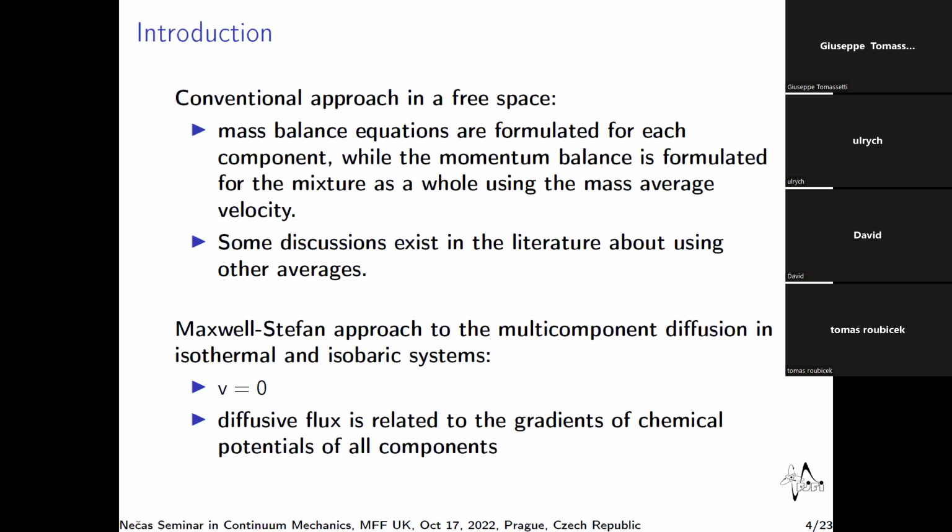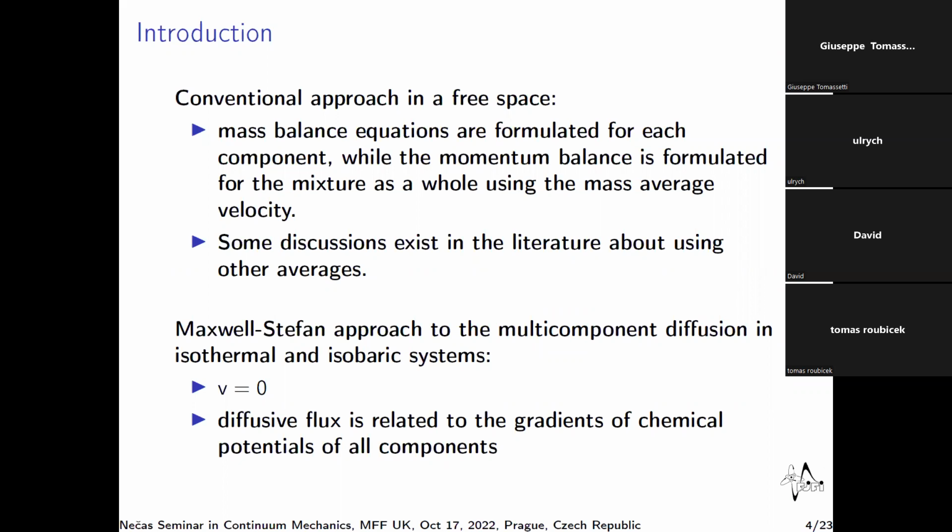And there are some discussions in the literature whether this mass average velocity is the correct averaging procedure or not, because we can have, for example, mole average velocity or volume average velocity, and we can come up with infinitely many others. And I'm not really sure whether this mass average velocity is somehow different from the other ones, that we should prefer it or not.